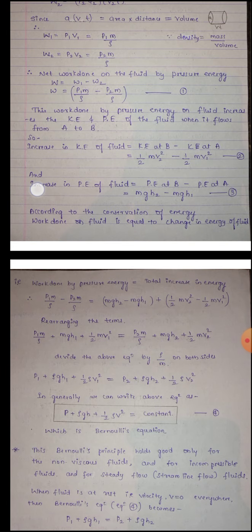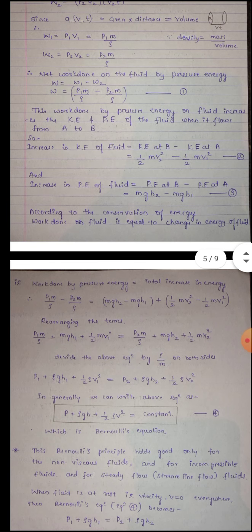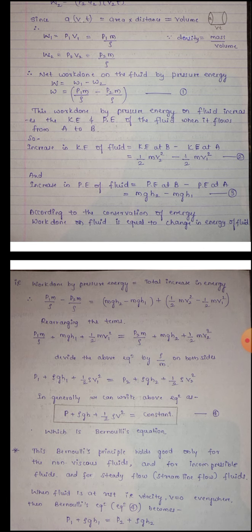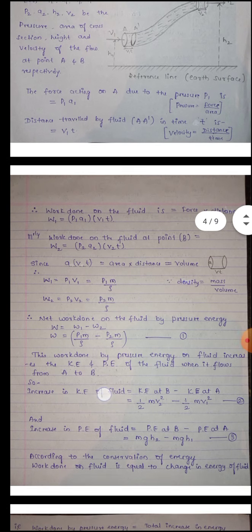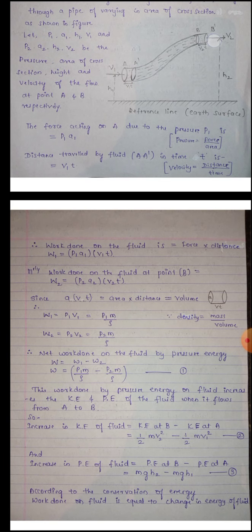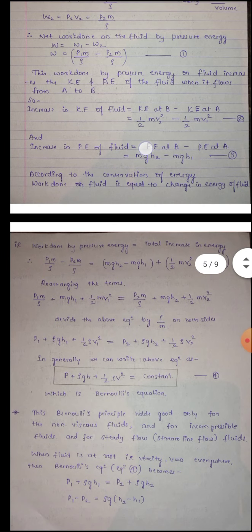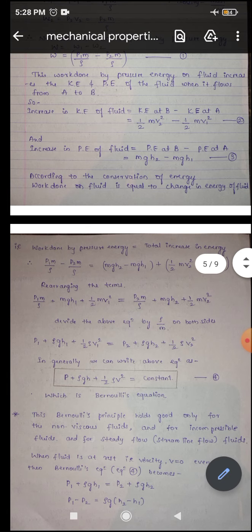Next we have the increase in potential energy of the fluid. That will be the potential energy at B minus potential energy at point A, because the potential energy is also increasing, so it will be maximum at point B and minimum at point A. Maximum value minus minimum value will give us how much it has increased.